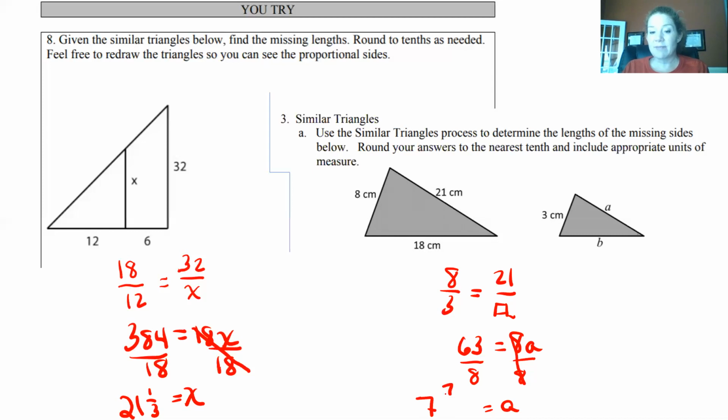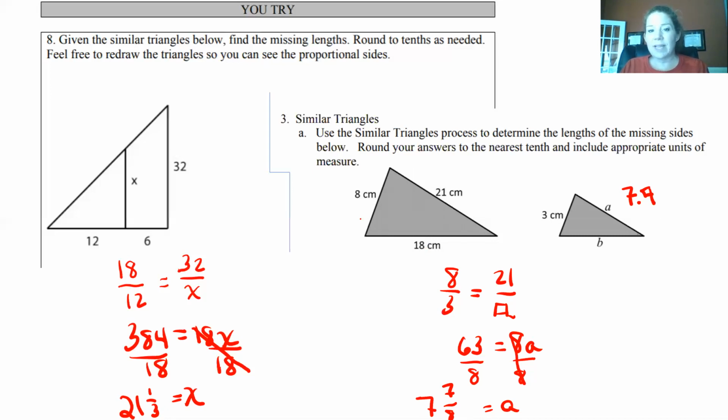56, so 7 left over. So we could say 7 and 7/8, or 7.875, which is 7.9 rounded to the nearest tenth.